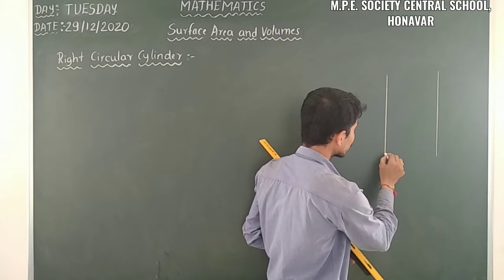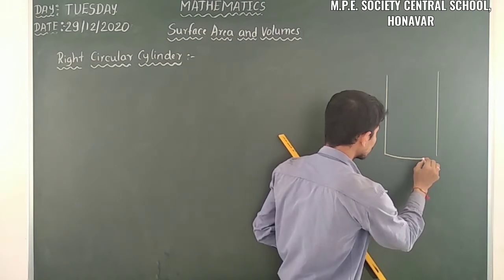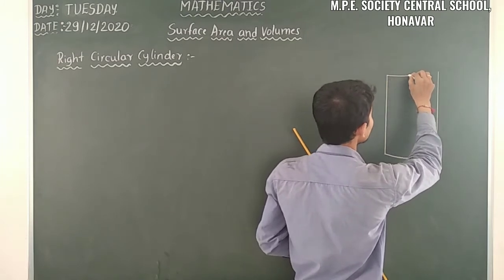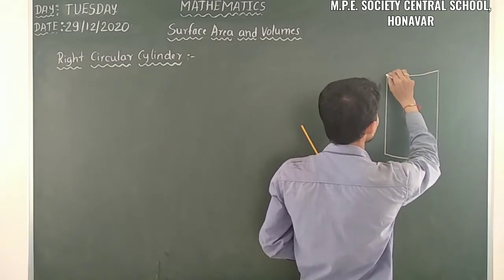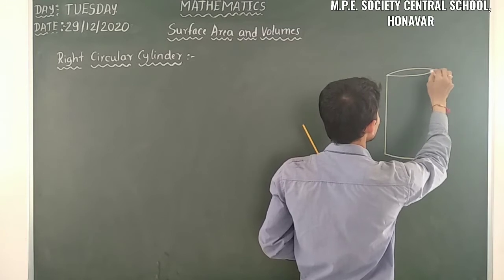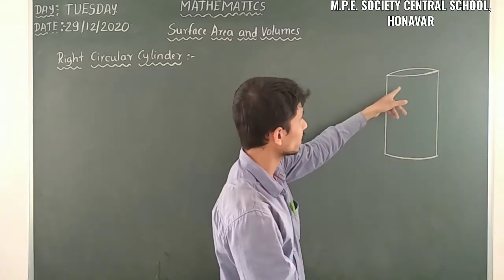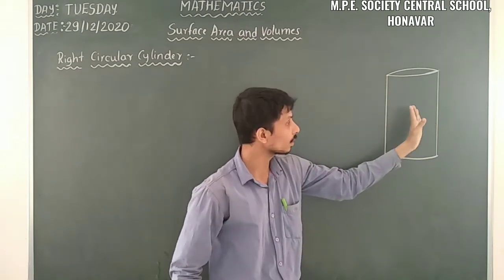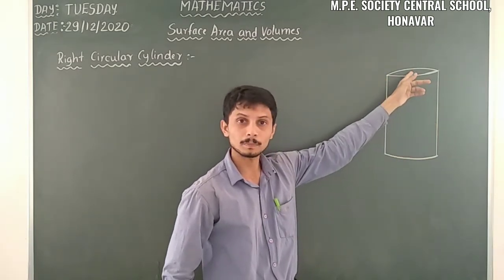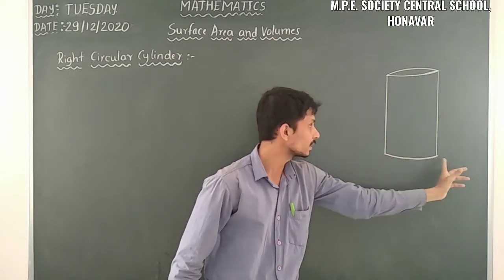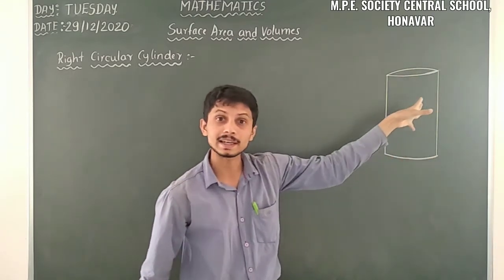Then we have to take a semicircle like this, and here also we take a semicircle like this. So it is a lens type structure, and it is converted into a cylinder. This is the curved part, this is the top upper part, and this is the bottom part. The bottom part will be represented like this, and the upper part will look like a lens.